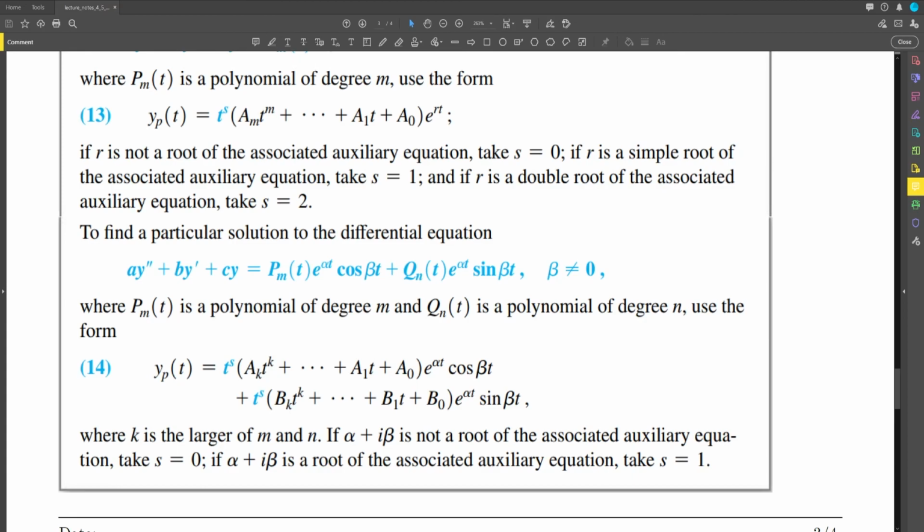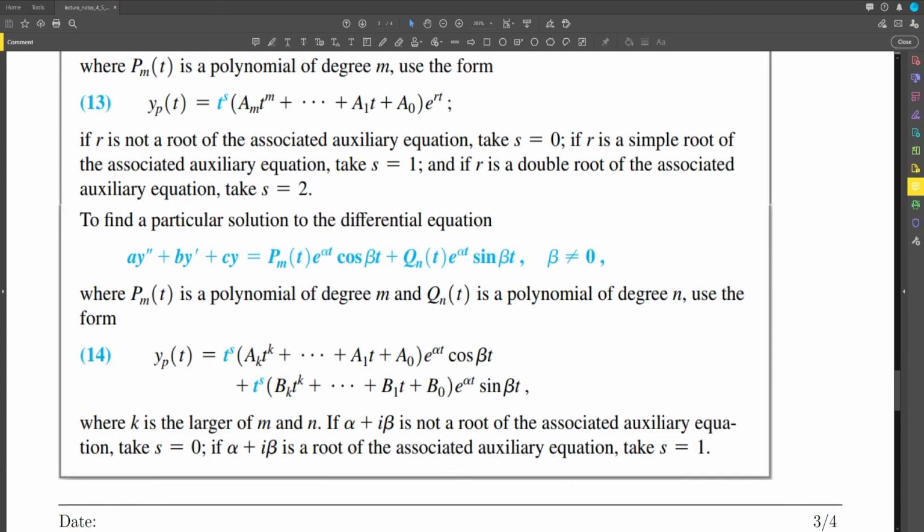So you have a degree m here, degree n here, you let k be the max of those two. If alpha plus i beta is not a root of the associated auxiliary equation, we take s to be 0. And if alpha plus i beta is a root of the associated auxiliary equation, we take s to be equal to 1.